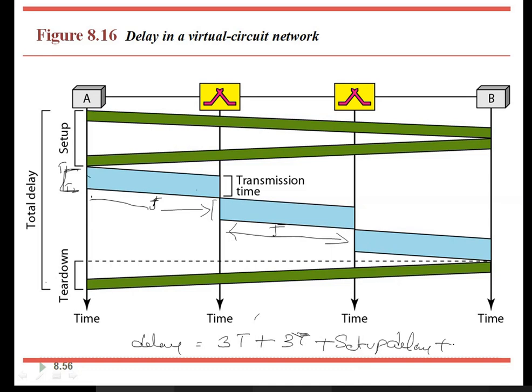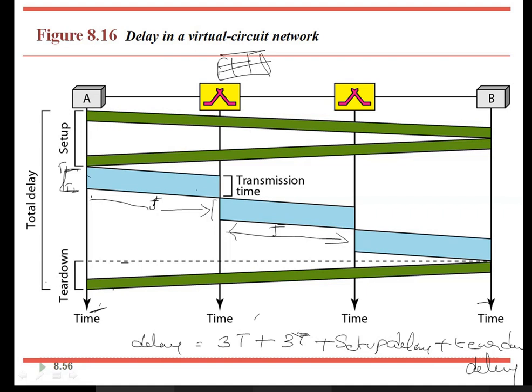Plus, what is the next one? Tear down. Why do we need to consider tear down delay? Because each entry made in the routing table with respect to this transmission has to be cleared. That information has to be removed once these two parties decide to disconnect.